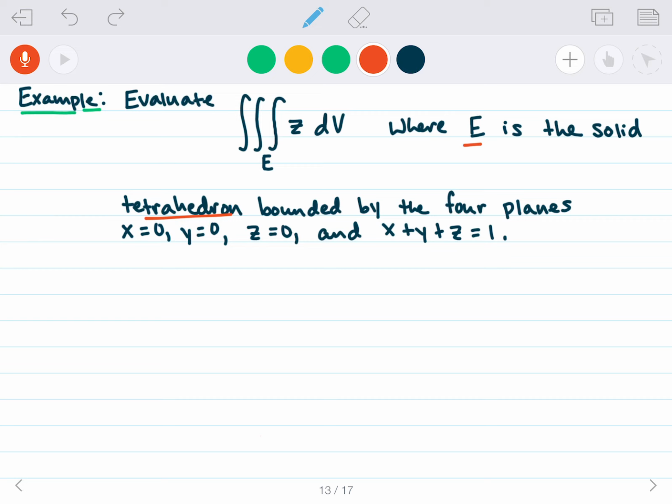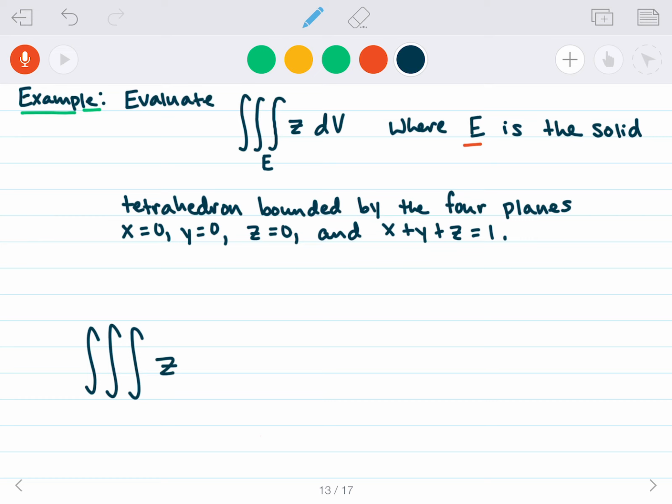So we don't have to really sketch anything quite yet, but let's figure out where our bounds are going to be. Okay, so I know I have this, and this. I have z.